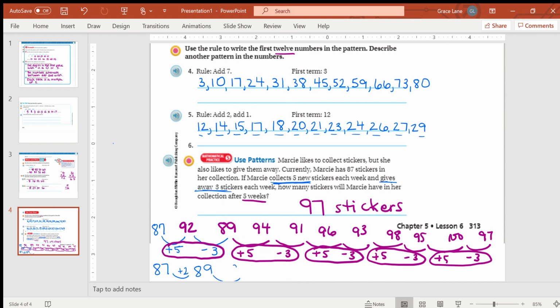Plus 2 more would be 91. Plus 2 more. Plus 2 more. Plus 2 more would be 97, and that's 1, 2, 3, 4. That would be the 5th week. So either way, you get the same answer as 97.